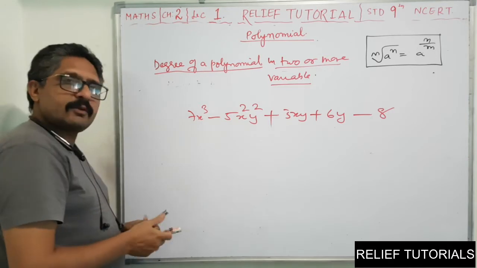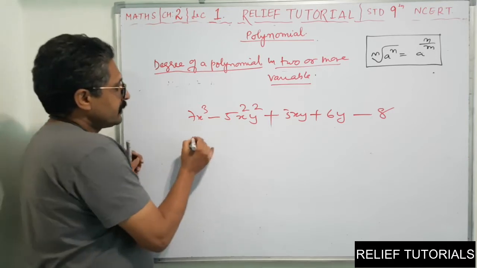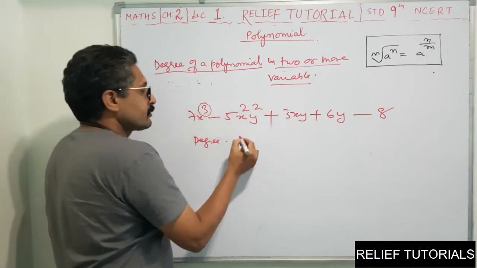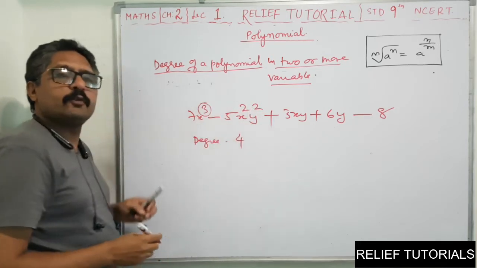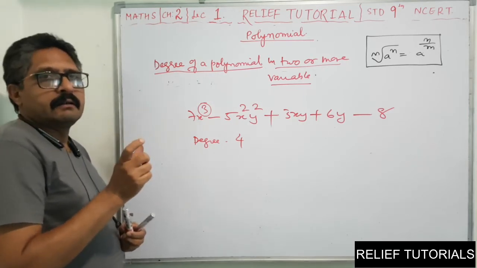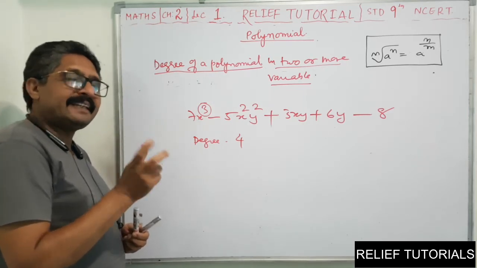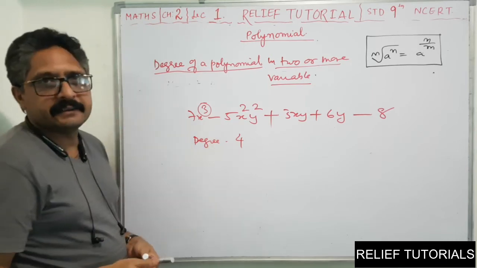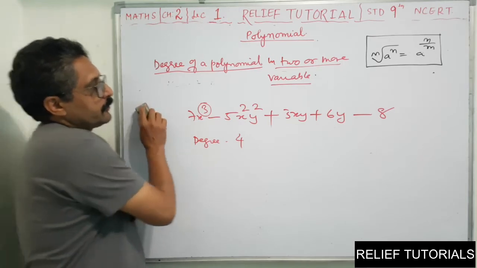So what will be the degree? Here it is 3, here 2 plus 2, 4. So degree is 4. The highest power is 4.